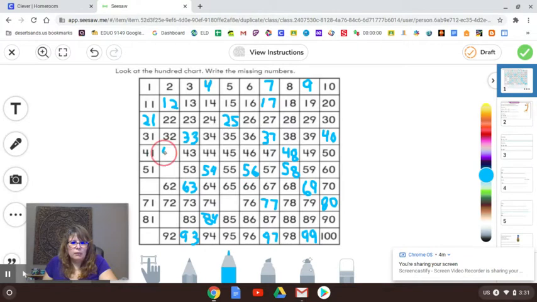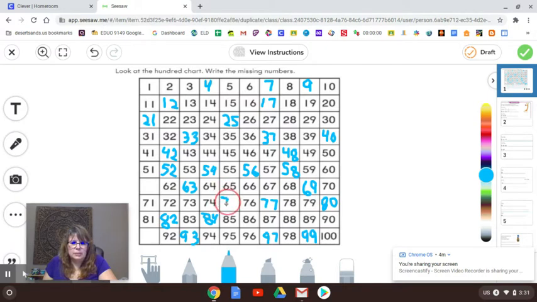Okay, 42, 52, 62, 72, 82. I look at the pattern, depending on the row that I'm working on. Oh, I forgot one here, so I see the pattern 45, 55, 65.